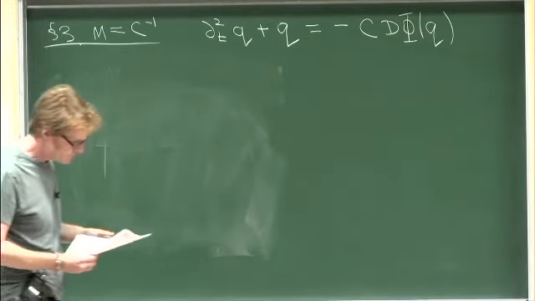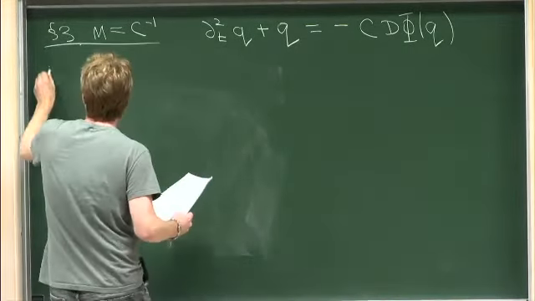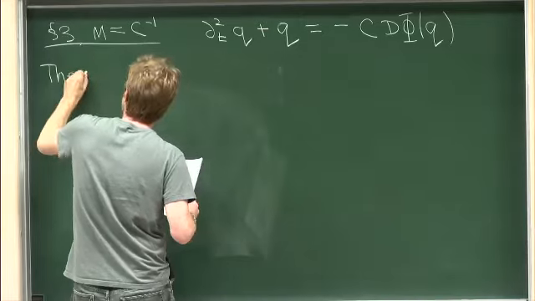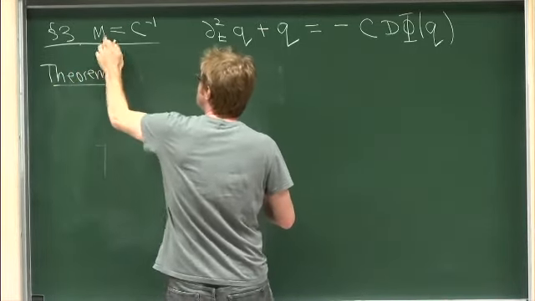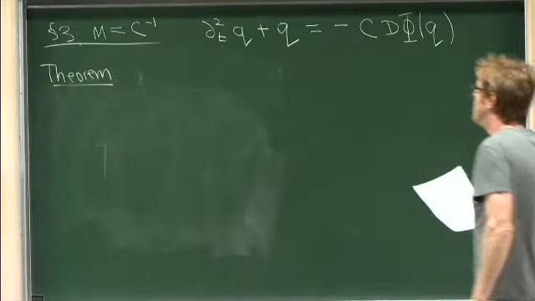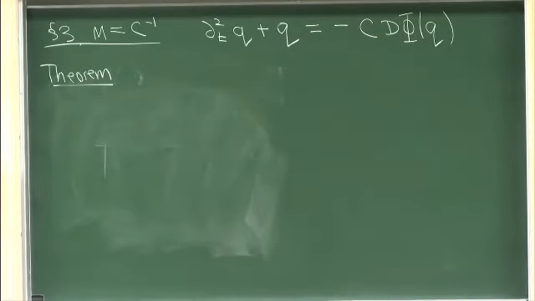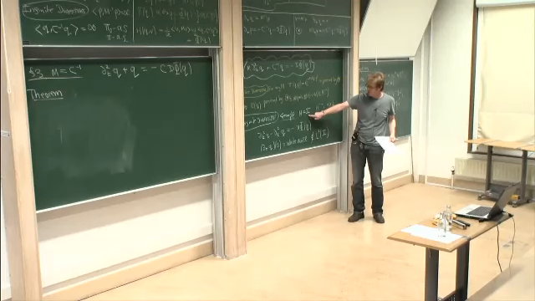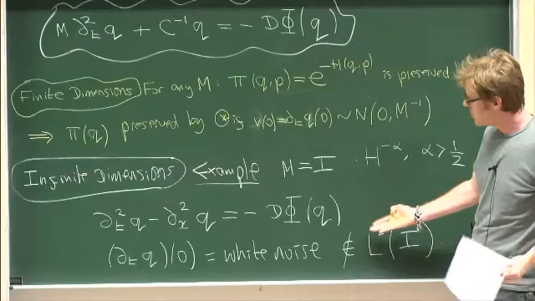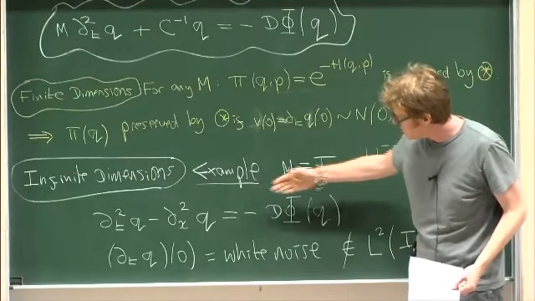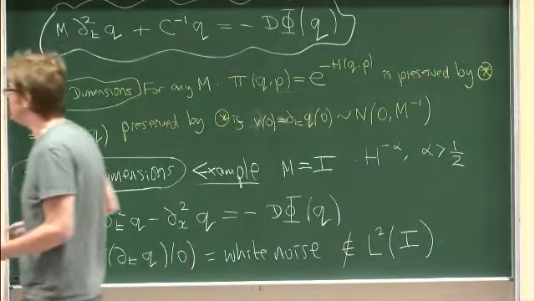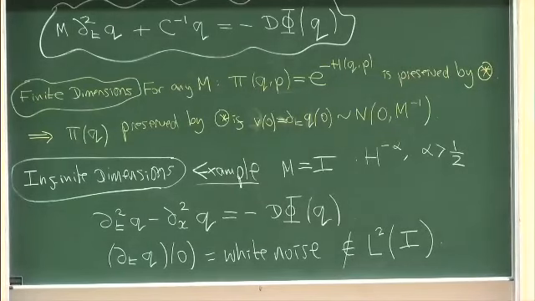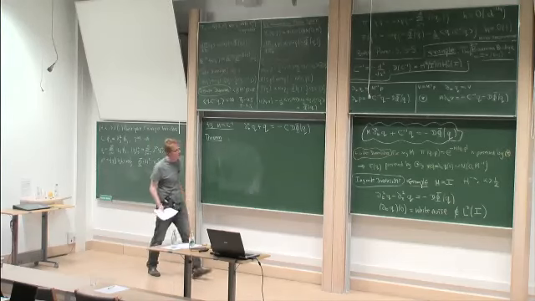So let me tell you then the basic theorem about this. I will assume M is C inverse from now on. What I've told you is that there are mathematical difficulties if M equals the identity, and they would be related to studying semi-linear wave equations with white noise data. What I'm now telling you is that with this specific choice of M is C inverse, we can develop a nice theory.